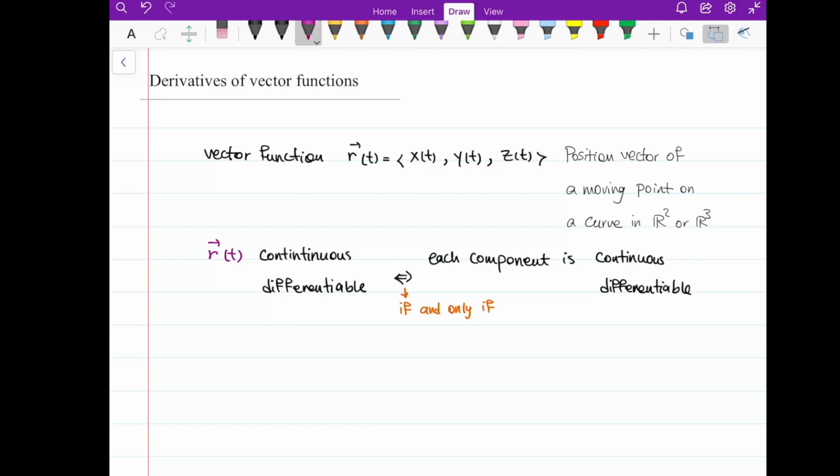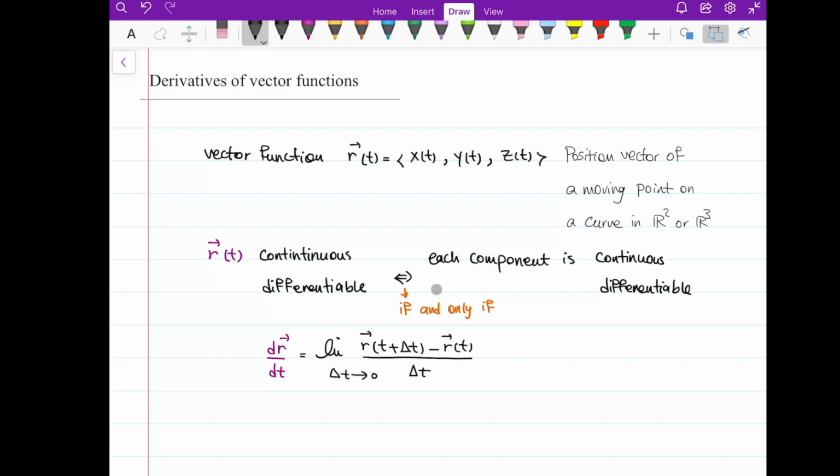So it's like a definition of that. And then we're going to define the derivative of the function, dr dt, as this. We're going to state that it's the limit, the definition of derivative but for the vector function: r of t plus delta t minus r of t, divided by delta t, as delta t goes to 0.